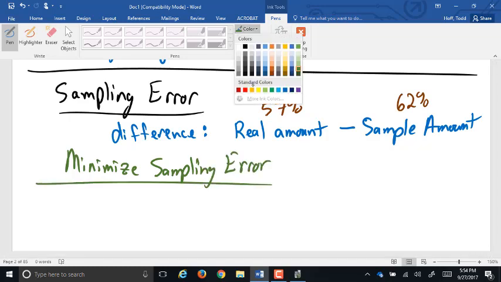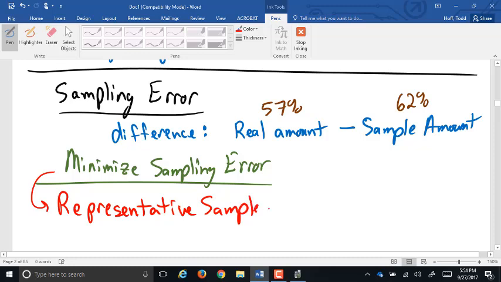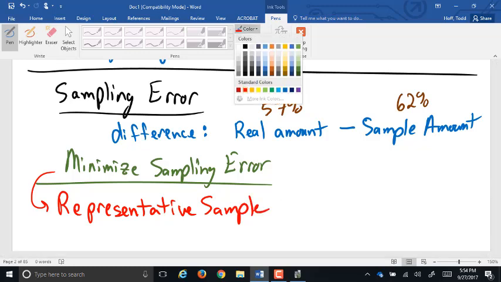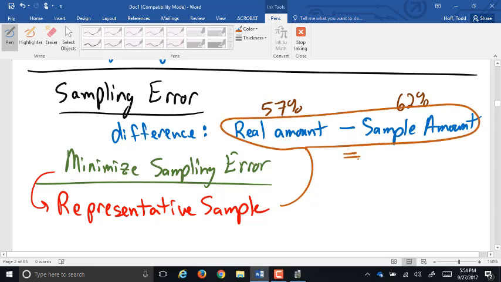Well, we take something called a representative sample. A representative sample is where the sample amount and the real amount are exactly equal.